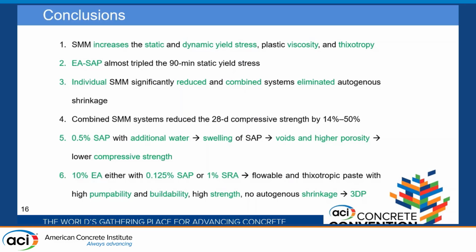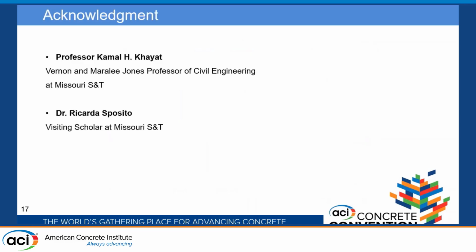The 10 EA mixture and the 10 EA with low content of SAP and SRA were the best: flowable, thixotropic, with high pumpability, buildability, and high strength, almost without autogenous shrinkage, applicable to 3D printing.